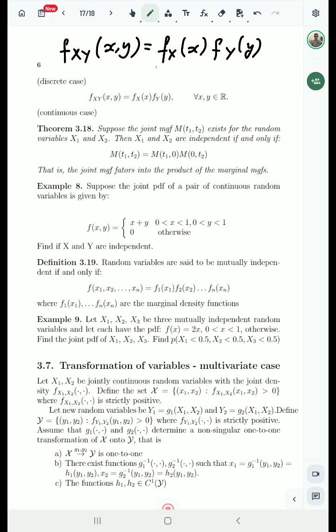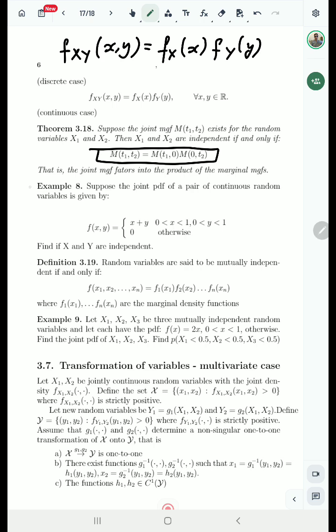The alternative definition is about the moment generating function. If the joint moment generating function can be written as the product of the individual moment generating functions, then it means that the two random variables are actually independent.